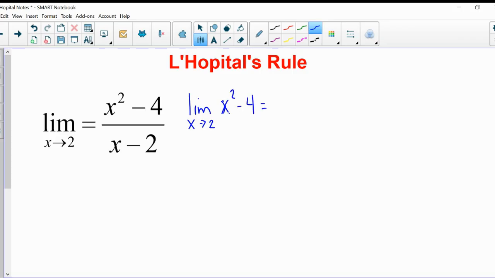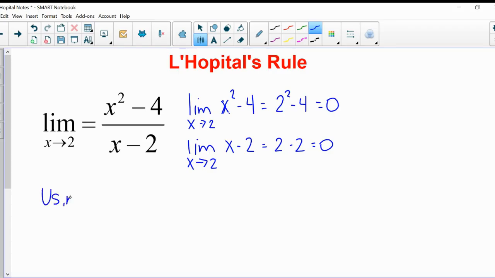I know the limit as x approaches 2 of x squared minus 4 would be 2 squared minus 4, or 0. And in the denominator, the limit as x approaches 2 of x minus 2 would be 2 minus 2, or 0. Now I'm going to state that using L'Hopital's rule, and then I'm going to apply it.